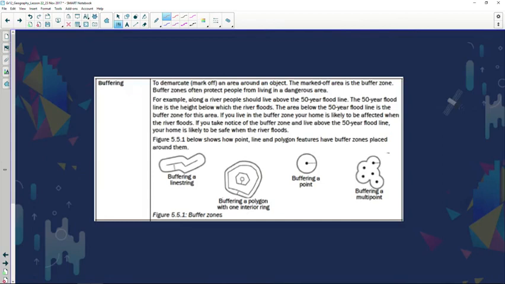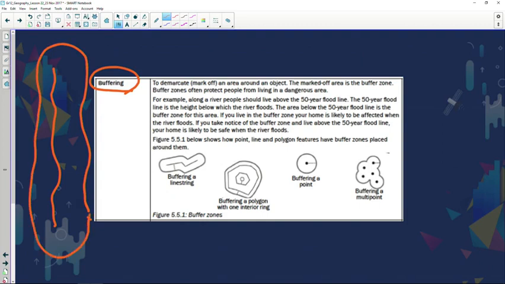Now, buffering is a term that we use to mark an area off. If you quickly look at the definition, to mark off an area around an object. We tend to use buffering, especially with rivers. All right, there's a river flowing, and then what we do is we buffer around the river, because most of our rivers depend on seasonal rainfall.